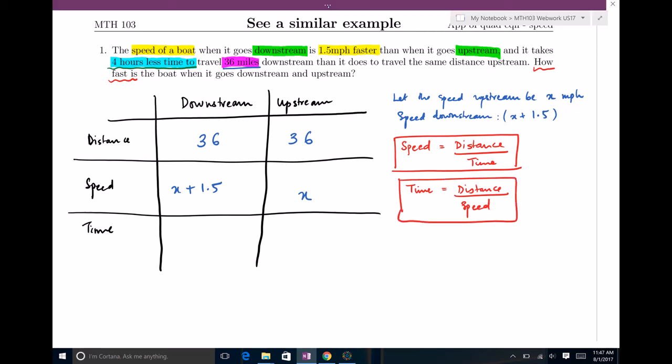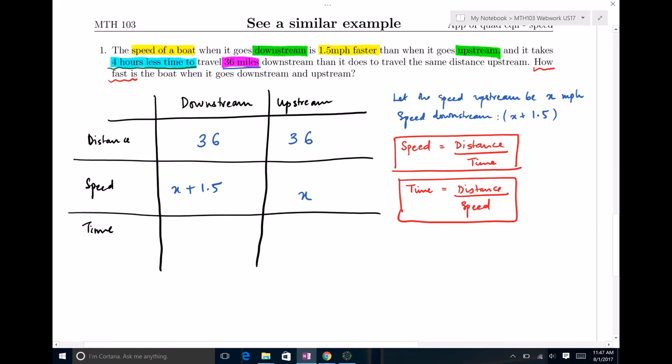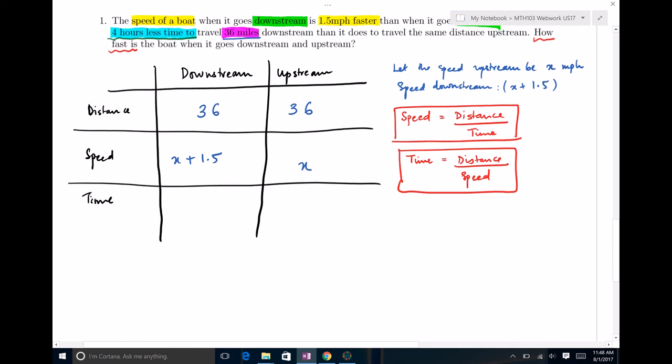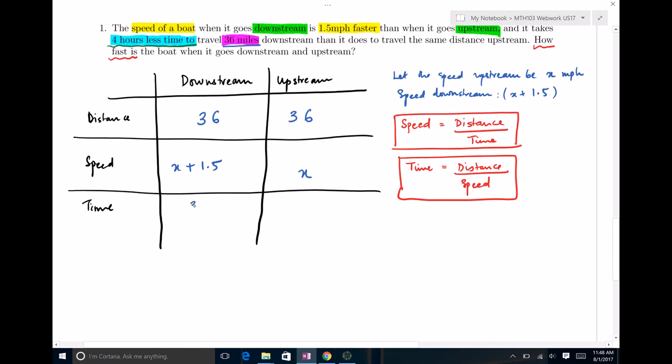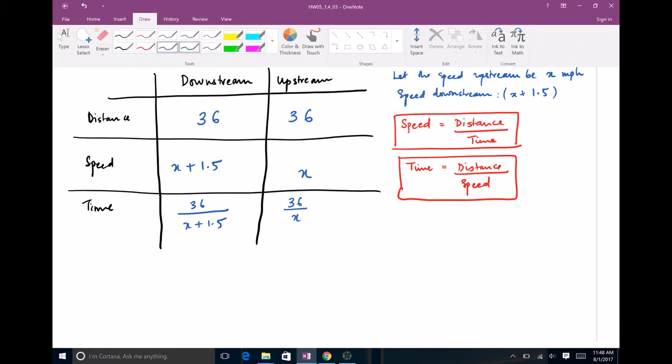So technically, the time taken to go downstream should be 36 over x plus 1.5, since the time is distance over speed. And the time taken to go upstream should be 36 over x. So we filled up this entire table now, and it nicely summarizes all the information we need.